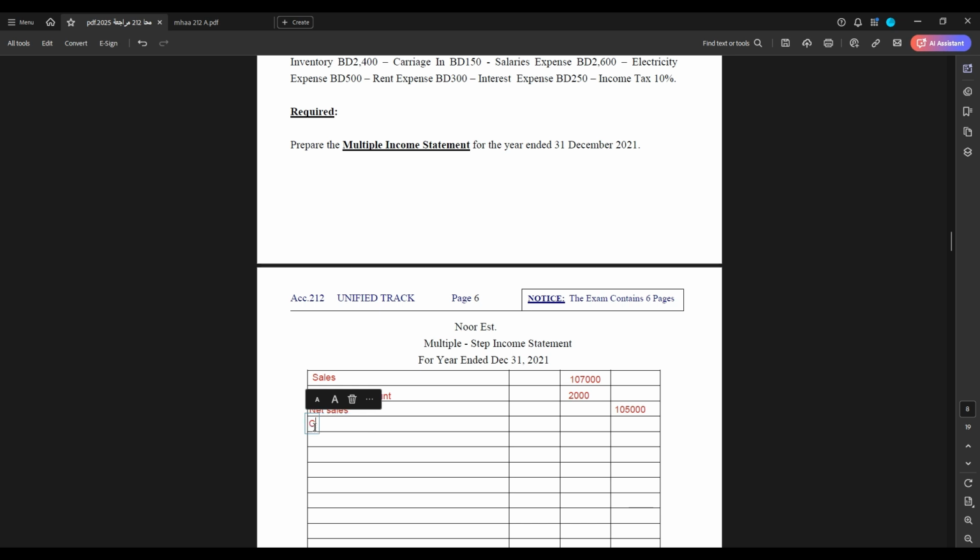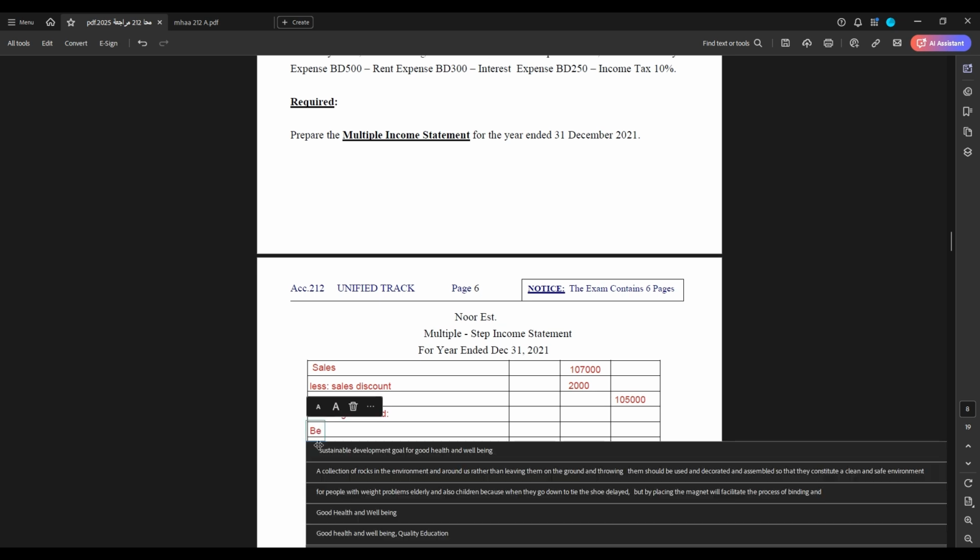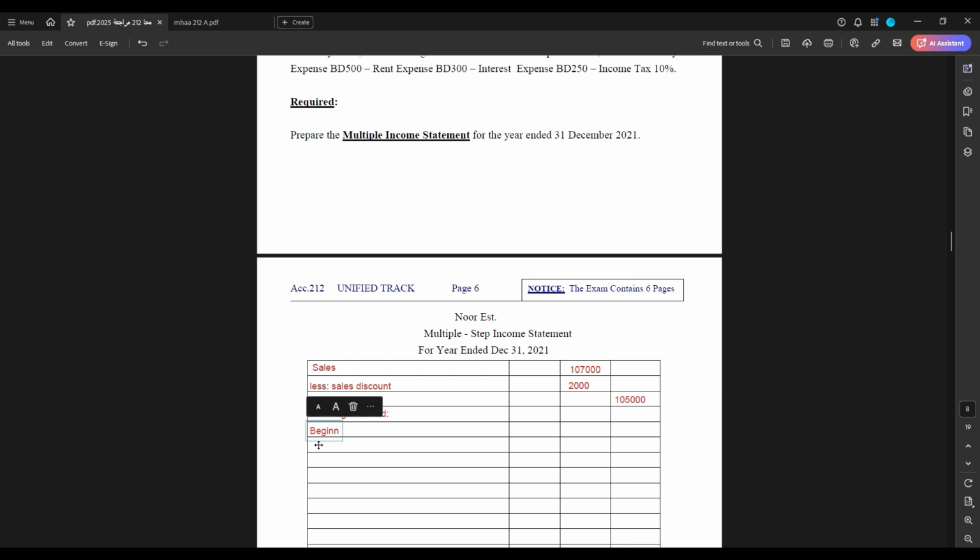Next part will be cost of goods sold. This is the title. We'll start by beginning inventory. We have 3,200. We'll leave it on the side, and we will continue with purchases.